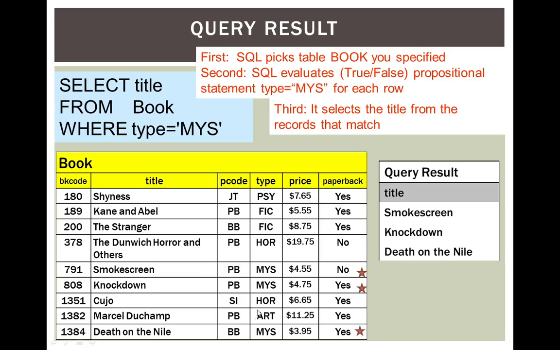None of this other information would be returned because we didn't ask for it. If we wanted all of this information, then in the select title, we would put a comma, and then also say BK code, comma, P code, comma, type, comma, price, comma, paperback. And then it would return all of that information for those three movies.